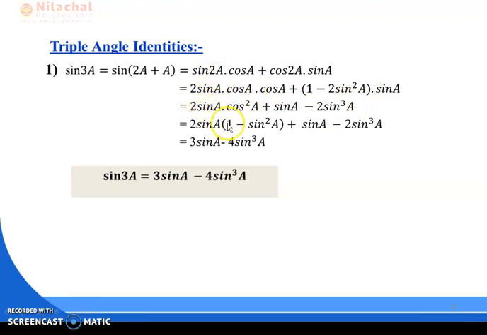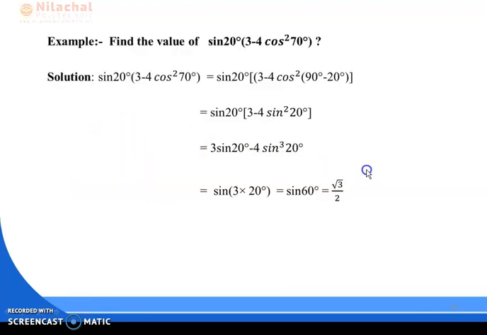Then what do we get now? 2 sin a into cos square a plus sin a minus 2 sin cube a. We take 2 sin a common from the first and third terms, and we get 1 minus sin square a, and the second term is as it is. So, what do we get now? This is 3 sin a minus 4 sin cube a. So, the sin 3a formula is 3 sin a minus 4 sin cube a.